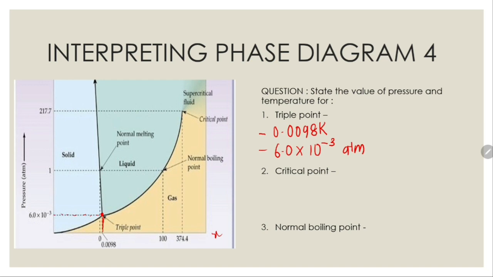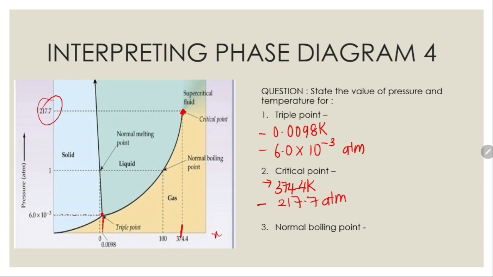Critical point: the temperature is 374.4 Kelvin, and the pressure is 217.7 atm.